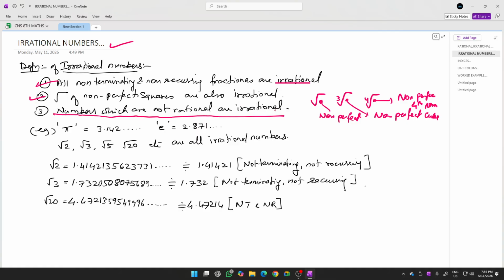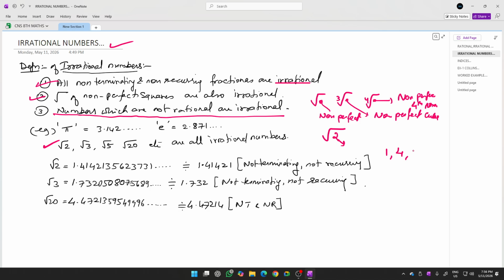Now let me make you understand. Let us take square root of 2. Square root of 2 has a radical sign, and inside you have a 2, and 2 is a non-perfect square. See, 2 is not a perfect square. The very first perfect square is 1. After that, the perfect square that comes is 4.